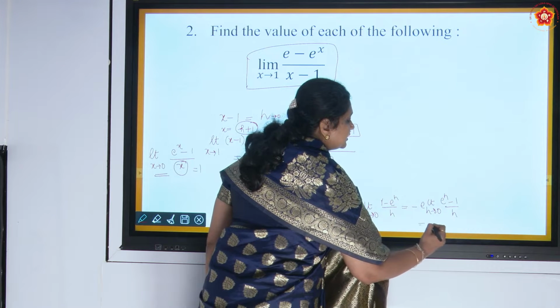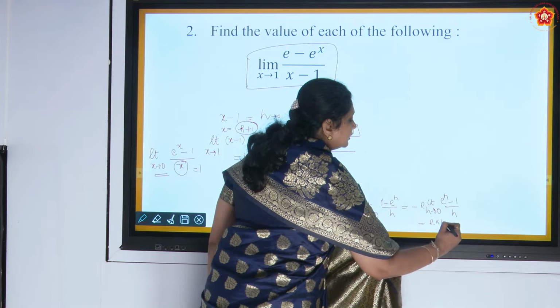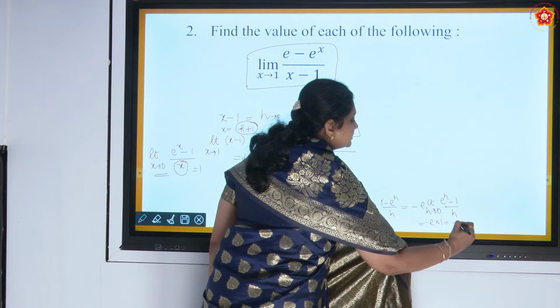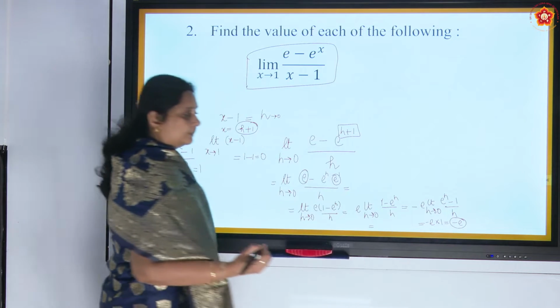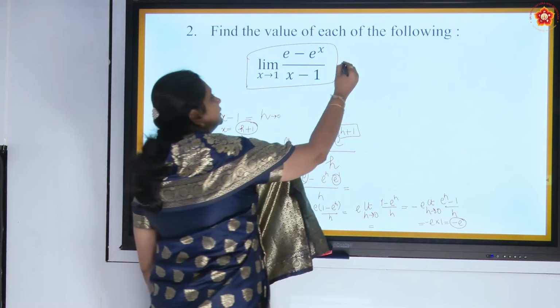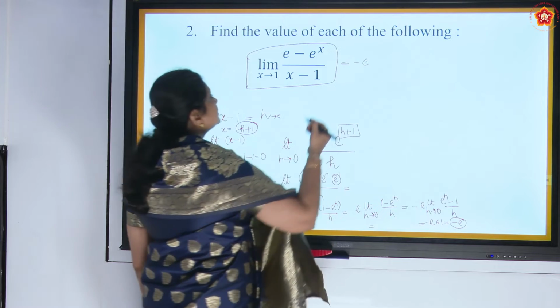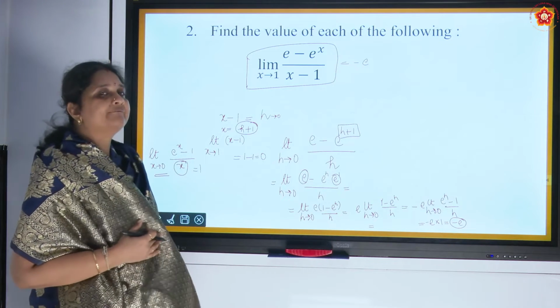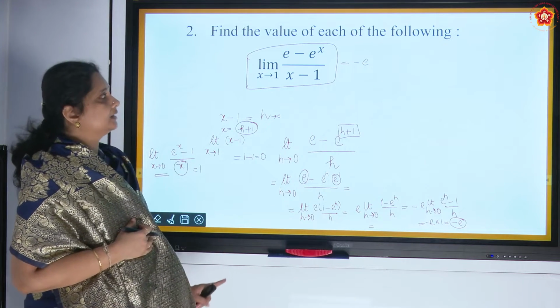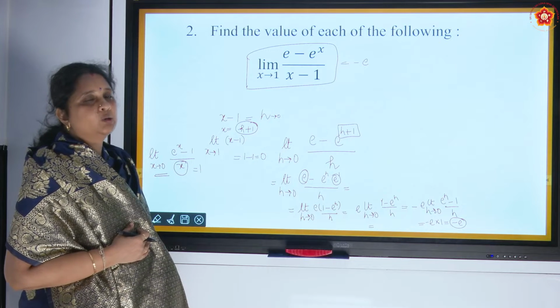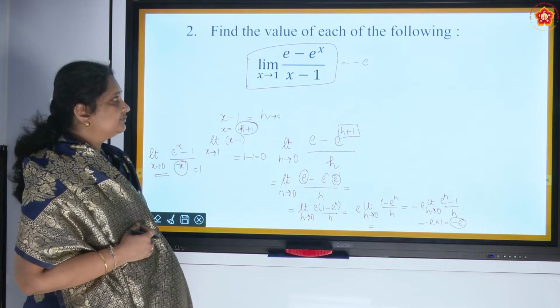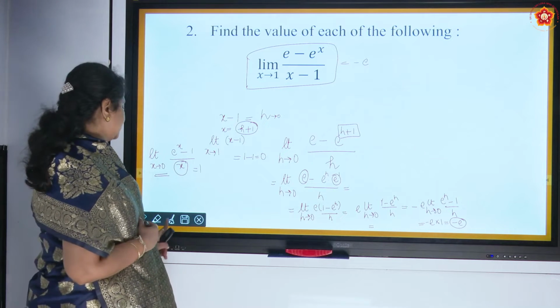When I substitute the limit, I get into 1 and my answer is minus e. So have you understood? So such functions, we have easy formulas to evaluate the limits, okay? So these formulas need to be memorized.